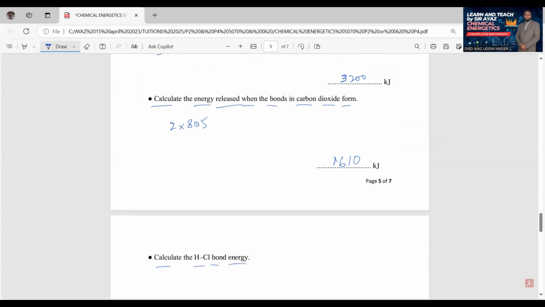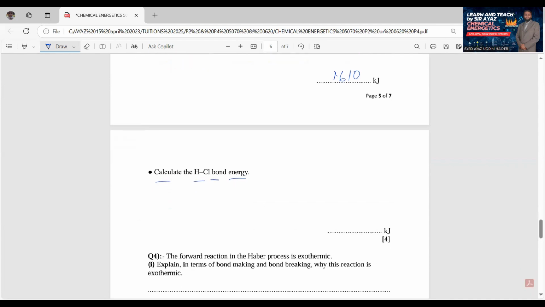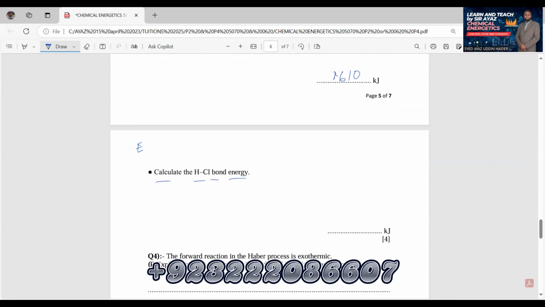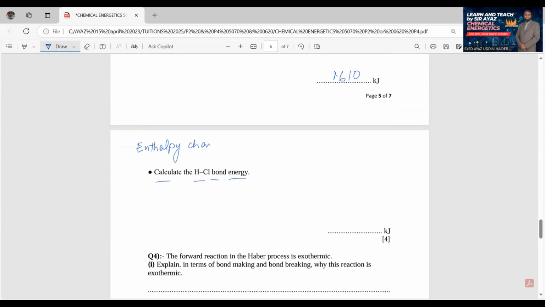Calculate the HCl bond energy. So here is the formula. Follow this formula: enthalpy change is equal to energy needed in bond breaking minus energy released in bond making.